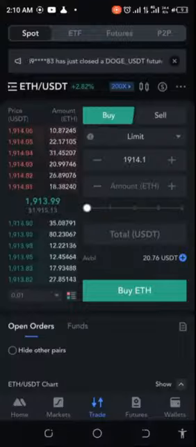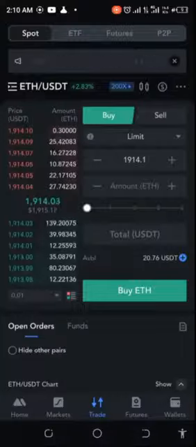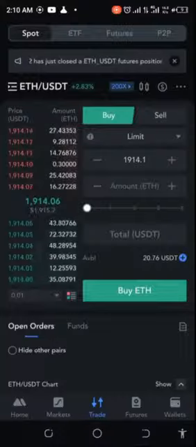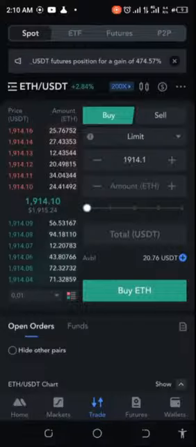Of course, not every trade will be the same, and you need to remember that, okay? Some trades will be fast and some will be waiting for you to get it done, and you just have to be patient. That's just number one explanation here. You just have to be patient.